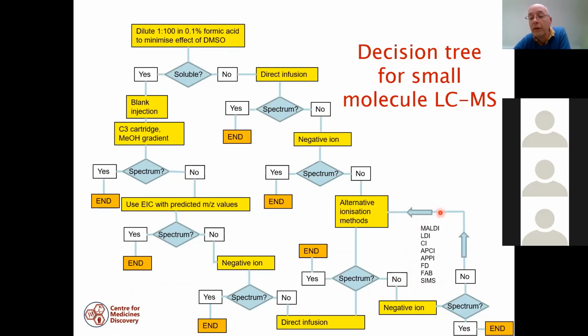Unfortunately, none of these are available in our lab, but if you go to a chemistry research lab, they will have access to several of these chemical ionization methods: atmospheric pressure chemical ionization, fast atom bombardment, and so on. There are a range of different ionization methods available to you if electrospray is not working. But I would say that electrospray is pretty good. Most things should ionize in electrospray.